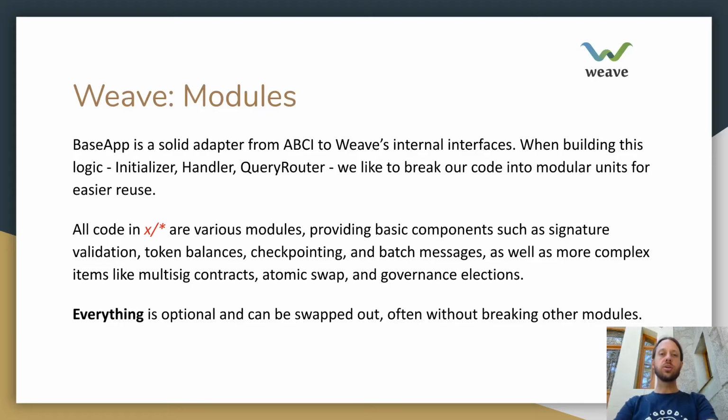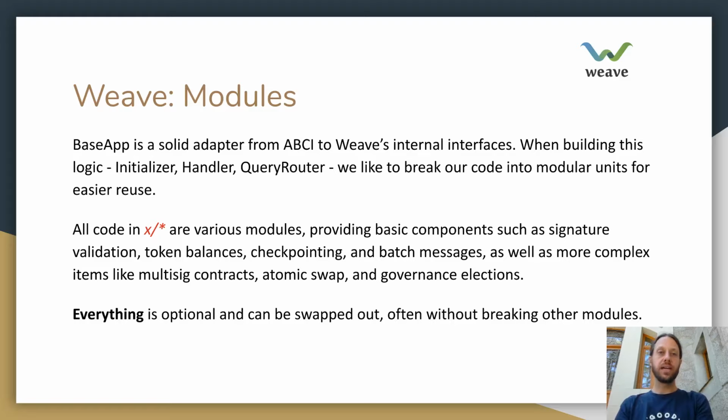If you look at the source code, there's an x directory with maybe 10 or 15 different subdirectories in it. Each one of those is an extension or module, as you want to call them. These provide basic components such as signature validation, token balances, checkpointing, batch messages, as well as complex things: multisig, atomic swap, governance elections, distribution, contracts, etc. All of this is considered modules and extensions.